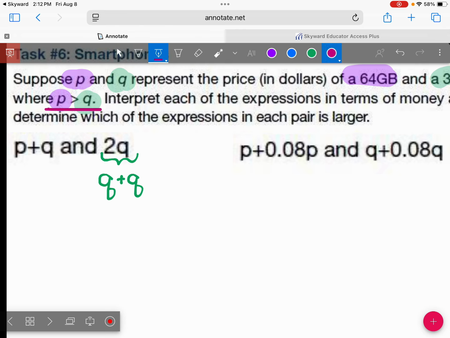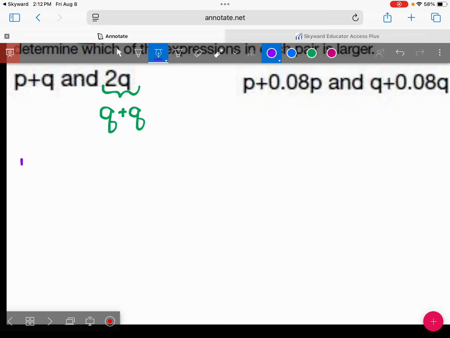Let's look. So we know that P is going to be bigger. We don't have a specific number. And I want us to, as much as possible, not think about it being a specific number. But I do know that P is bigger than Q. And we're going to compare it with Q plus Q. So if I have a big P plus little q, and I'm comparing it with Q plus Q, which one's bigger?